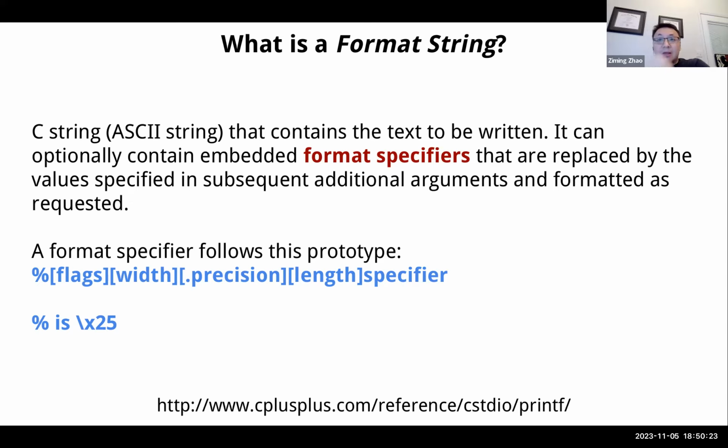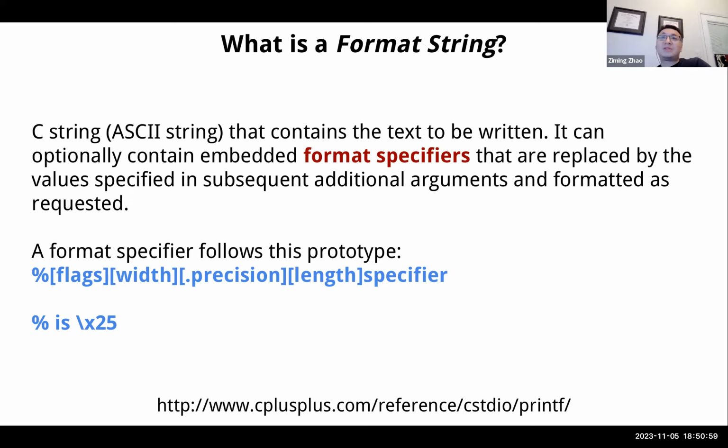So a format string contains text to be written, and it also contains format specifiers that can be replaced by values specified in other arguments. If you have a hard-coded string, then you only have the text to be written out. You don't have any format specifiers. What makes a format string different is the format specifiers.